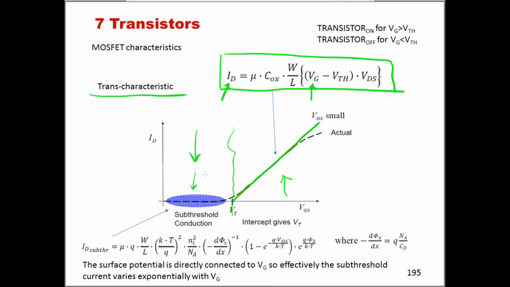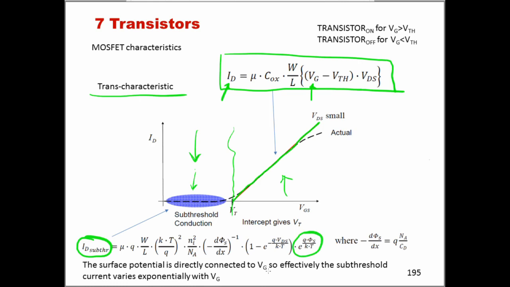But first of all, the current in this sub-threshold region is actually very complex, as you can see, but most importantly, I want you to see that it depends exponentially on the surface potential.